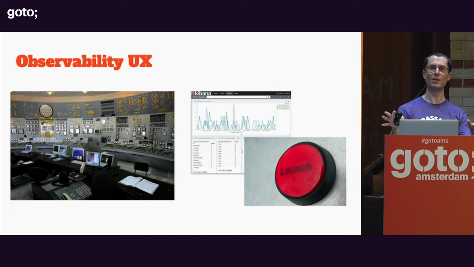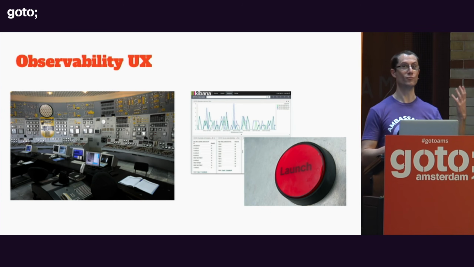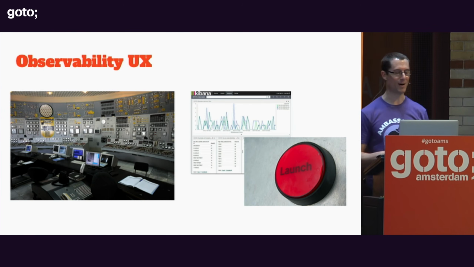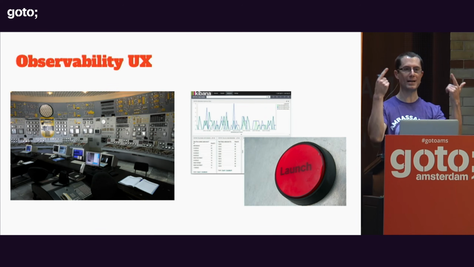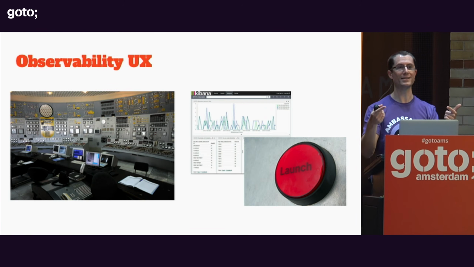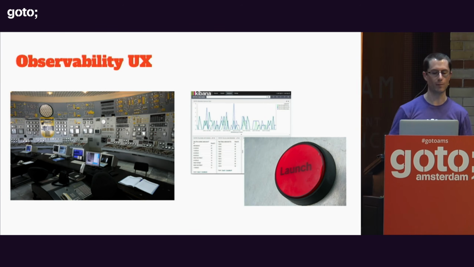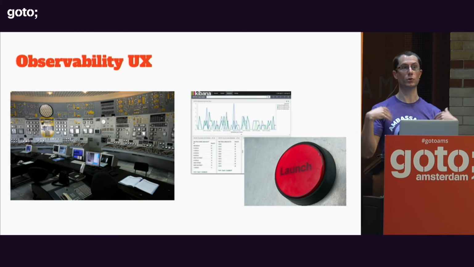Anyone who's seen Chernobyl, a great TV series going on at the moment, will know the nuclear reactor UX is really important. The same with the Three Mile Island disaster. UX around enabling humans to build a mental model of what is going on in the system is really valuable. I've learned a lot from that book I mentioned up front about thinking about the UX of tools that we as engineers use.